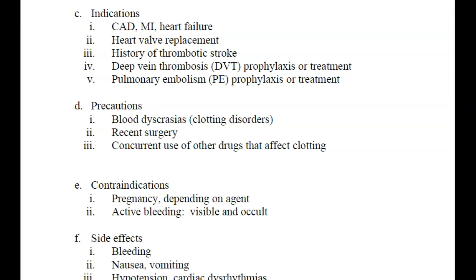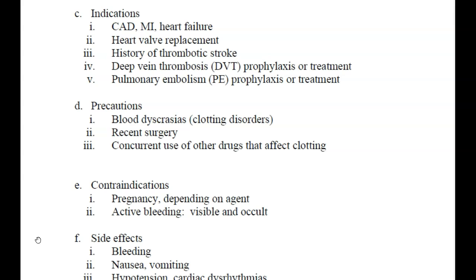Some contraindications: pregnancy is contraindicated depending on agents. There are agents that are safe to use during pregnancy, and there are agents that are absolutely contraindicated for pregnant women. Another contraindication is somebody with active bleeding, either visible or occult.